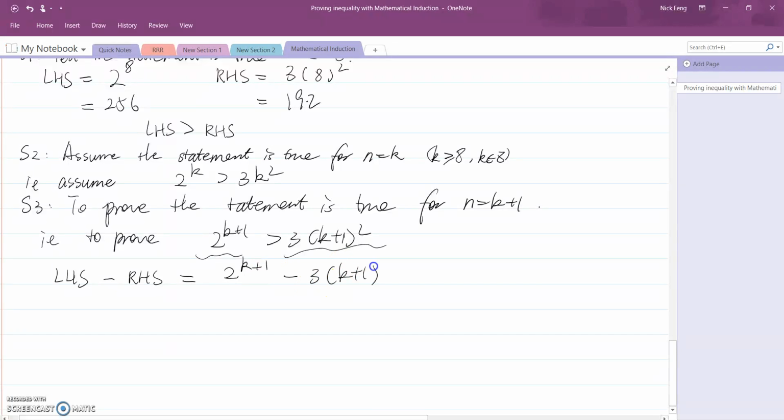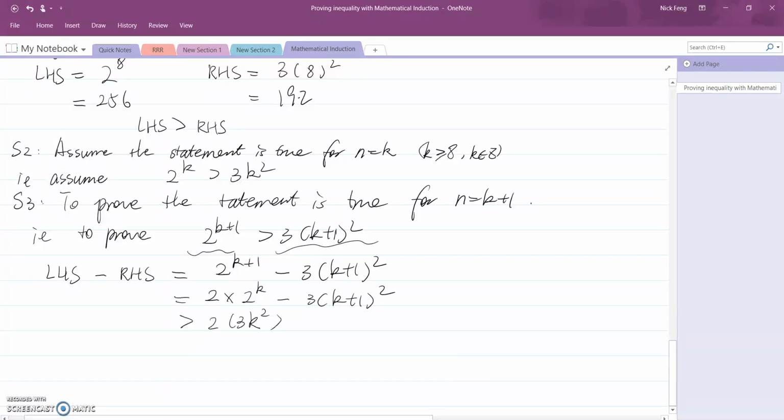3 times k plus 1 all squared. And we're going to split this as usual. And then we're going to put in our assumption. Because 2 to the power of k is greater than 3k squared, therefore we do it this way.